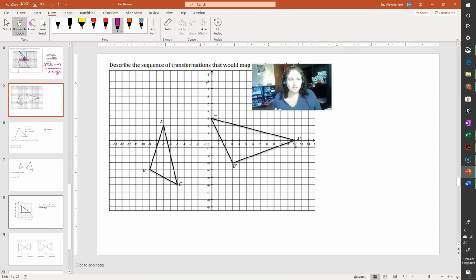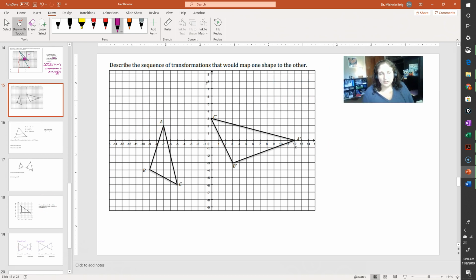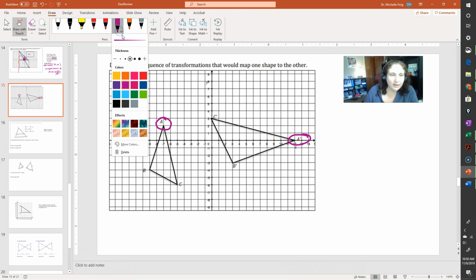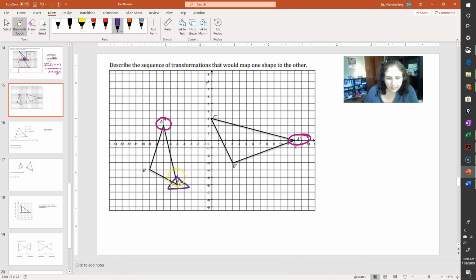Couple more questions. Describe the sequence of transformations that would map one to itself. Let's take a picture here. Here we have our A point. Here we have our A point. So we know there was some kind of turning that had to have happened. And then we have our C and our C prime.